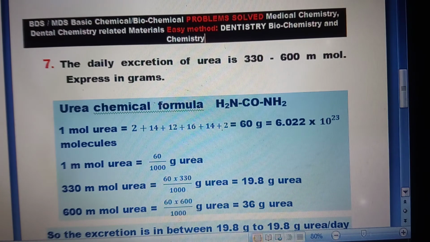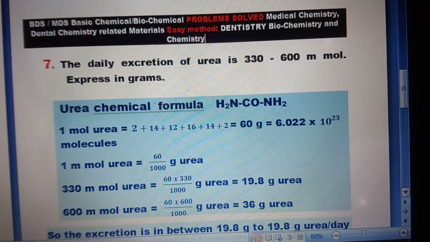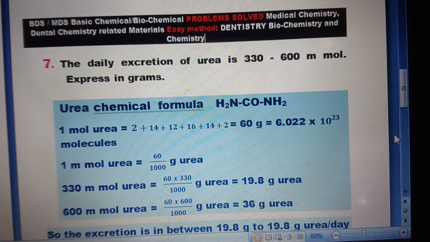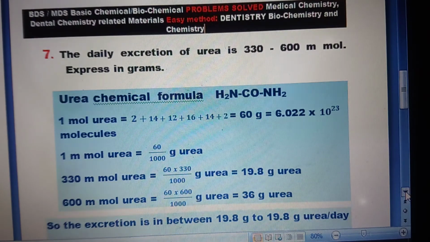Therefore, 330 millimoles of urea is 60 multiplied by 330 divided by 1000, which is equal to 19.8 grams of urea.